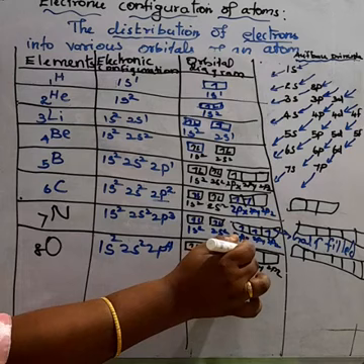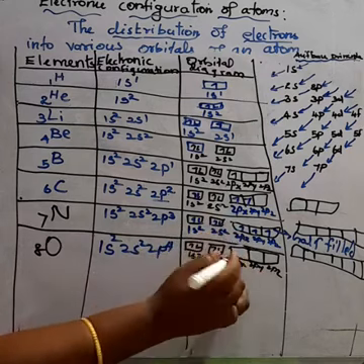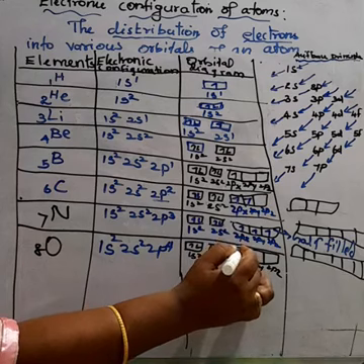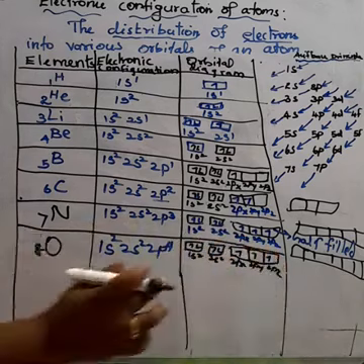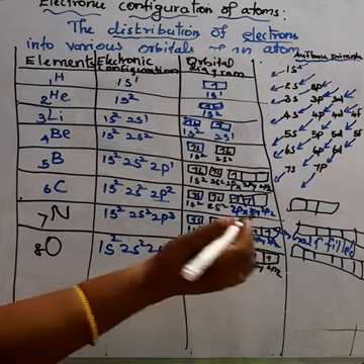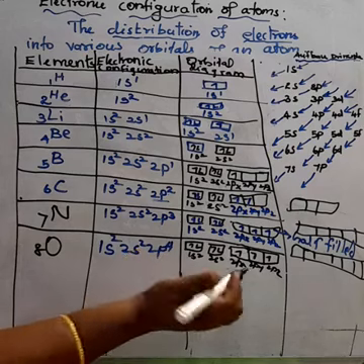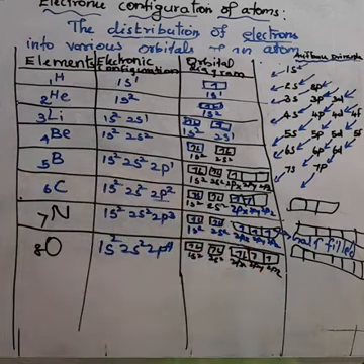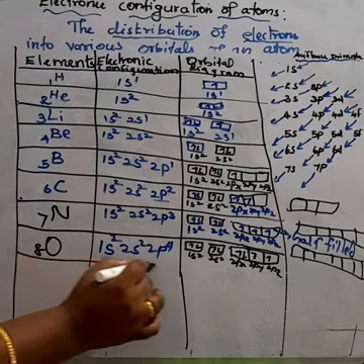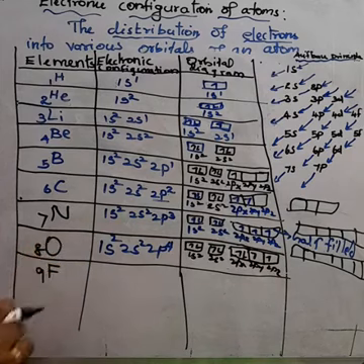How will you fill them? According to Hund's rule, first we fill the 3 orbitals singly. After that, the remaining 1 electron we accommodate in the px orbital. Understood?